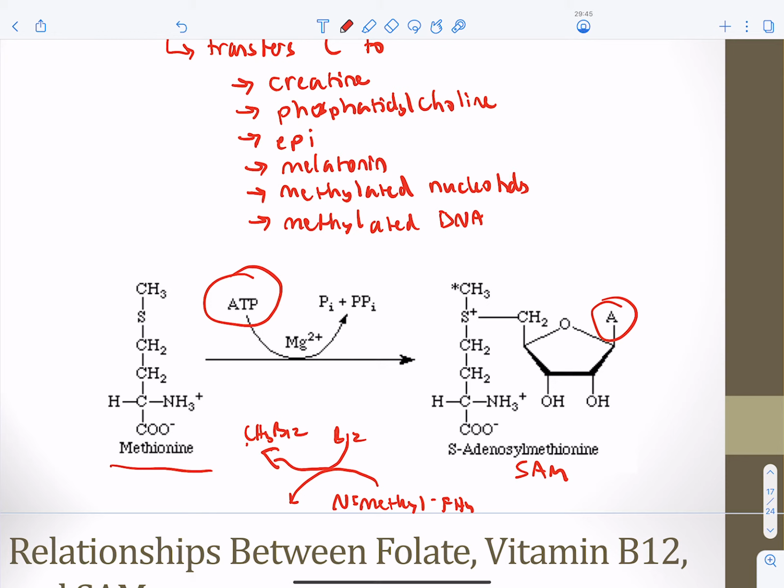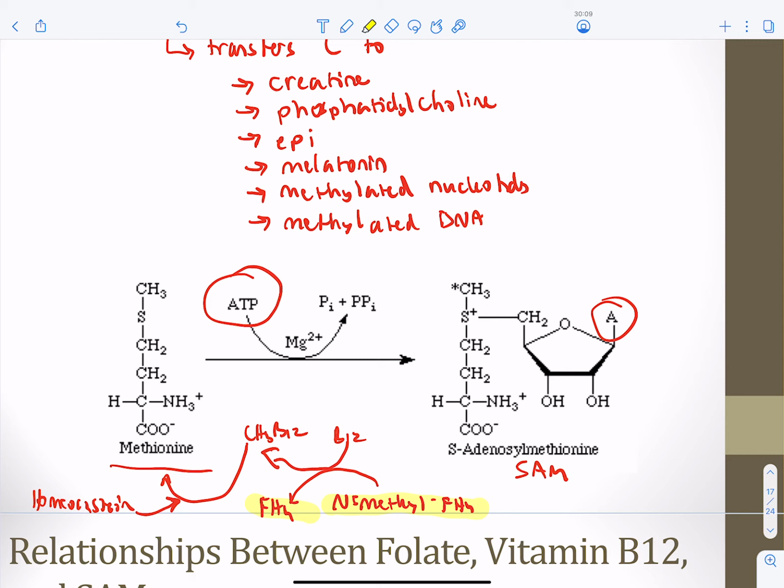And then this with homocysteine, and you regenerate tetrahydrofolate. The key here is being able to go from here to there. And so this is the only reaction that allows you to do that.